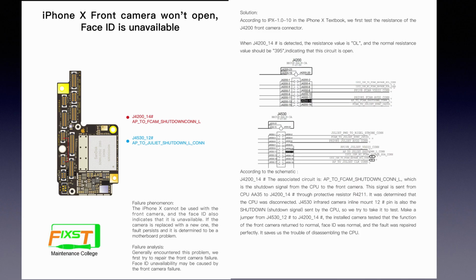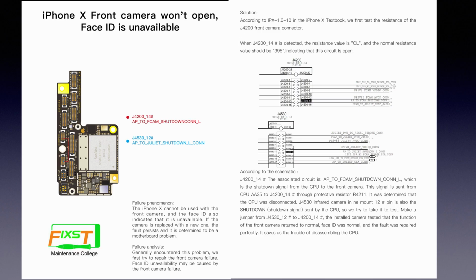First, we need to test the resistance of J4200, the front camera connector. When we detect the 14 pin, the resistance value is OL. It means that this line is open, because normally the resistance is 395.